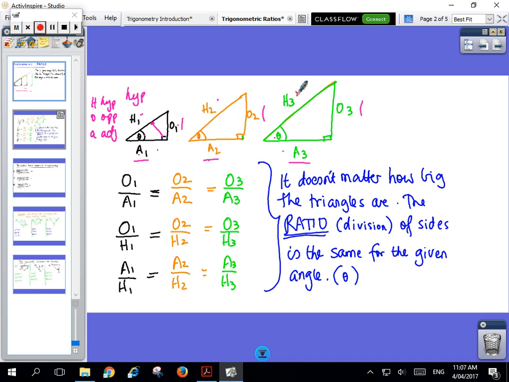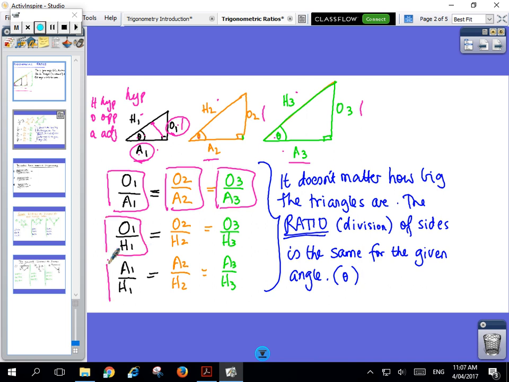And what we have is a ratio of sides. So if I put the opposite side, which is a length, and I divide it by the adjacent side, it would be the same for all three triangles. Whatever those numbers cancel down to, 3 over 5 or whatever, for each of the triangles the ratio will be the same. And the same with opposite and hypotenuse and adjacent and hypotenuse.